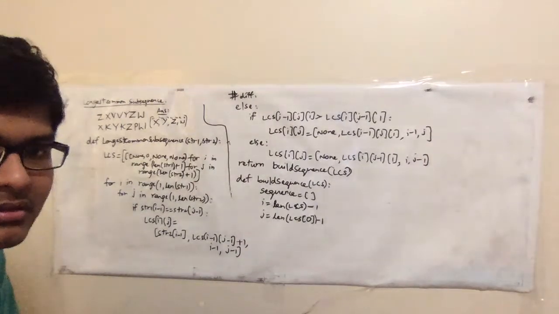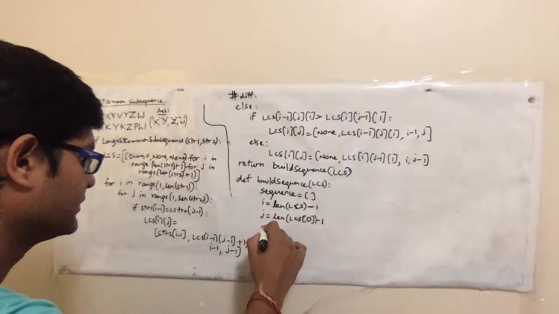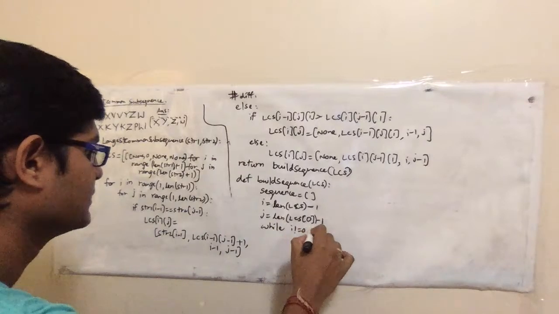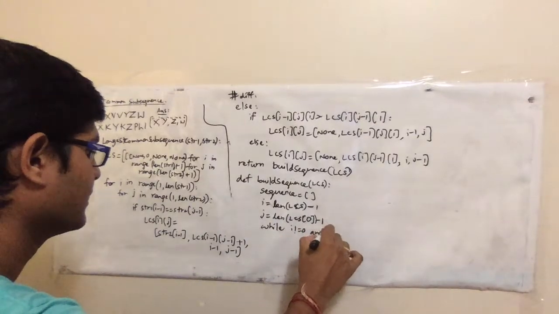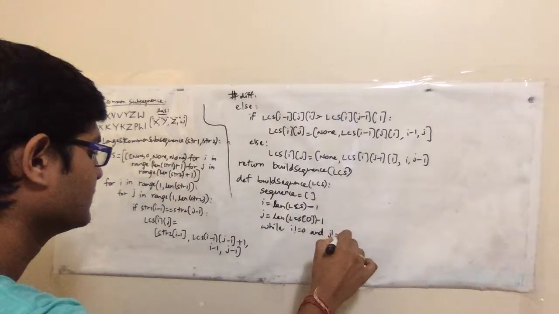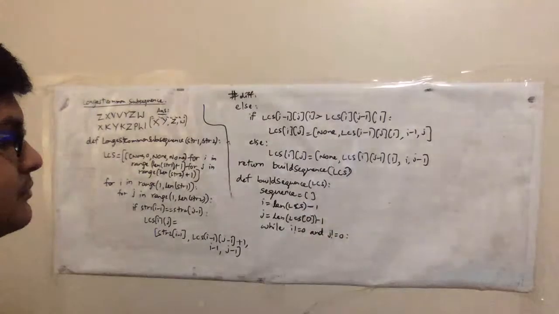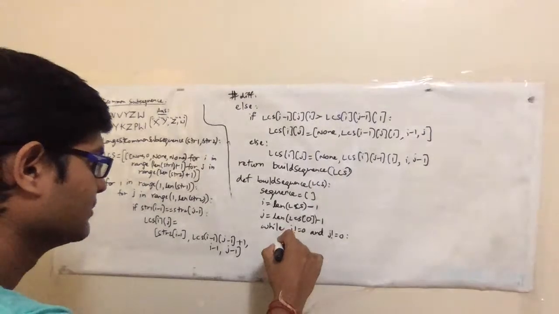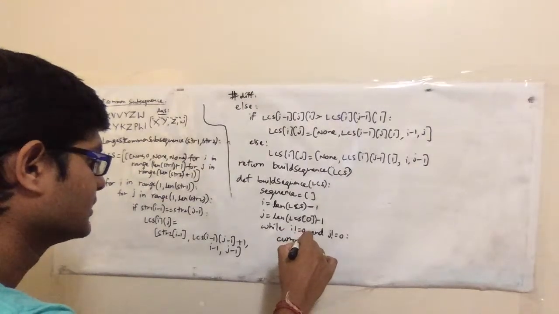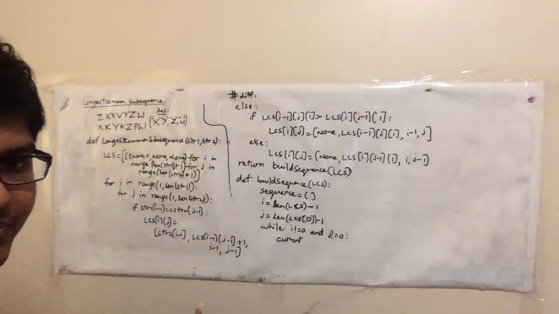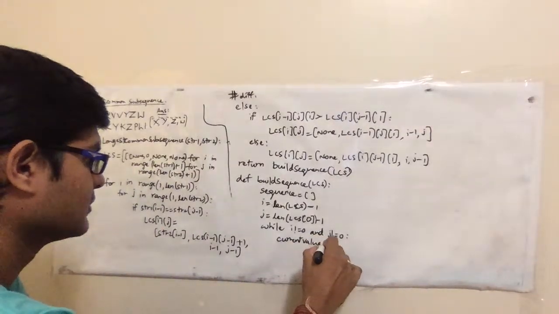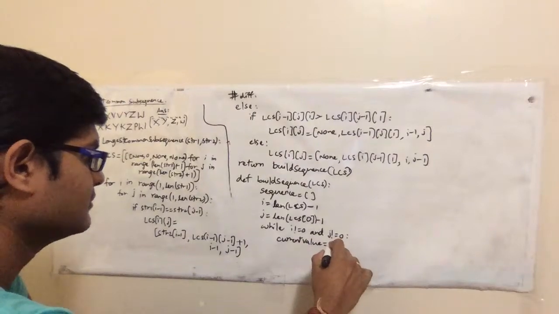Okay, so we need to iterate or backtrack while i is not equal to 0 and j is not equal to 0. So we need to keep the current value. What is the current value?